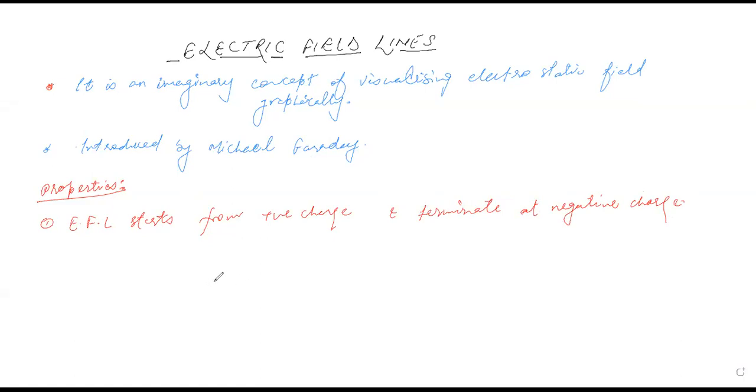Just like if you have a positive charge like this, then the electric field lines are always in an away direction from the charge. These are in the away direction. Similarly, if you have a negative charge, in that case, electric field lines are terminating at the surface of the charge, just like this.